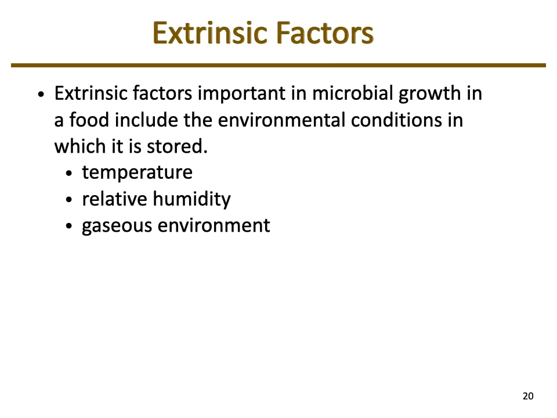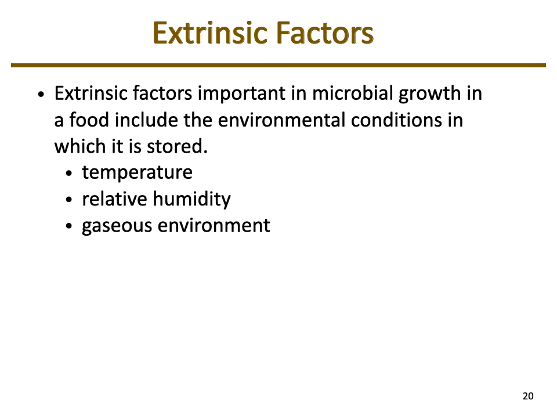So then looking at extrinsic factors, the main one we're going to focus on is temperature. So again, extrinsic factors are going to be ones that we as producers or consumers or in retail can control a little or more. So we can control the temperature, we can control relative humidity in a climate-controlled setting, and we can also control gaseous environments.